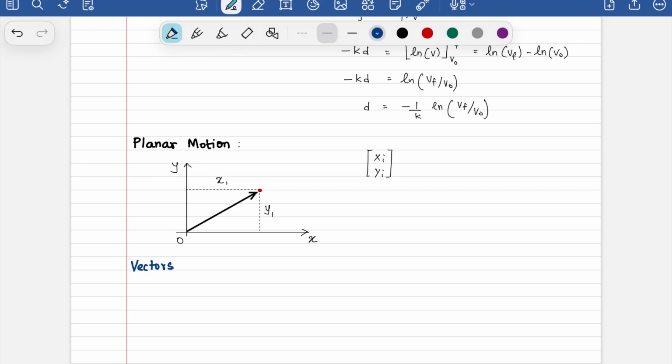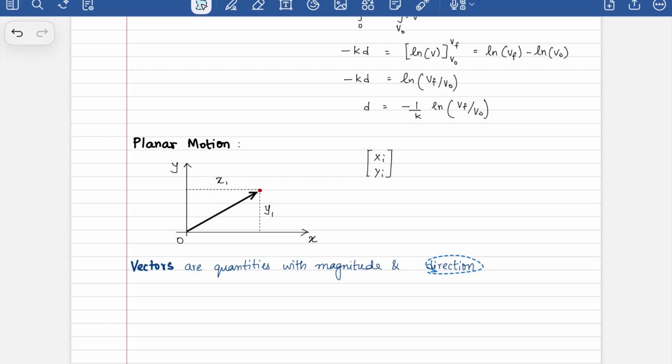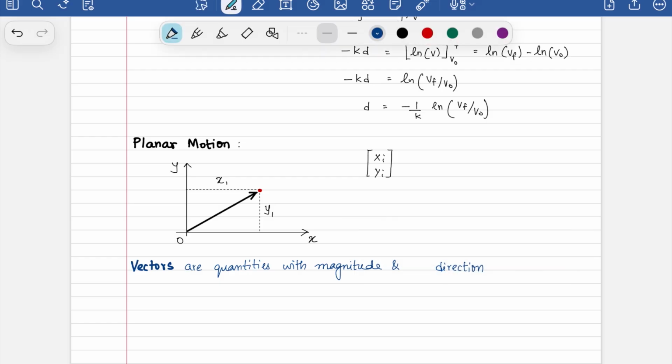Vectors are quantities with both magnitude and direction. This is a very general definition. I guess to be more specific, it has to be a single defined dimension, one direction.